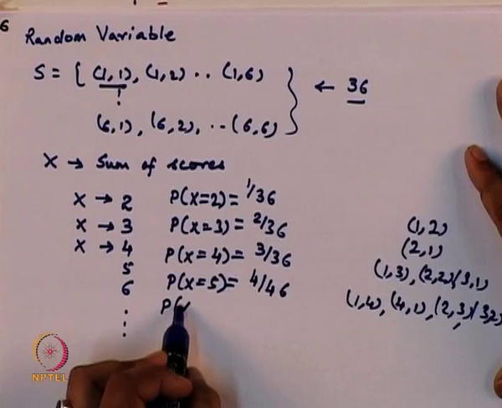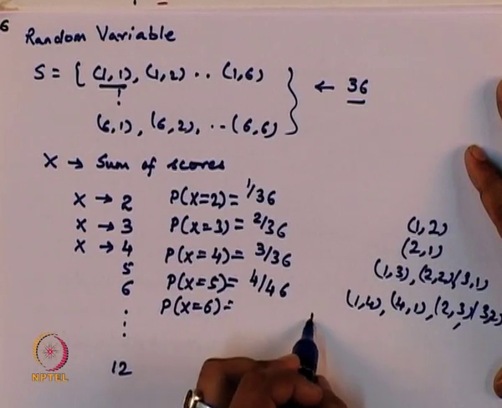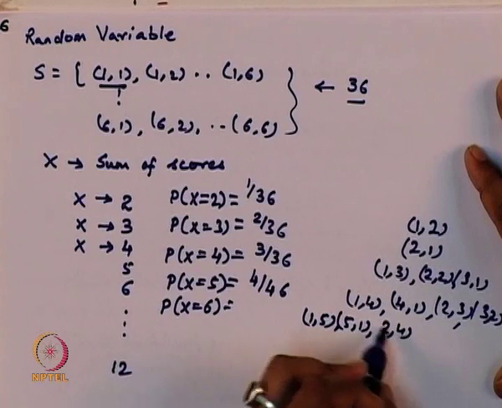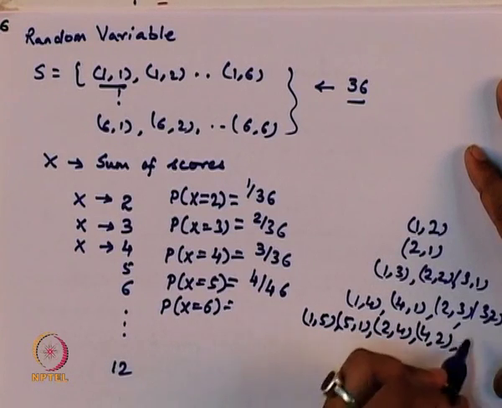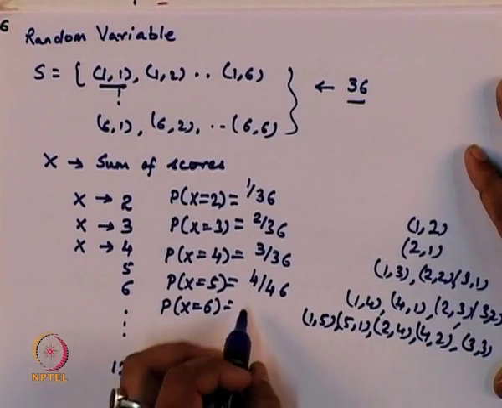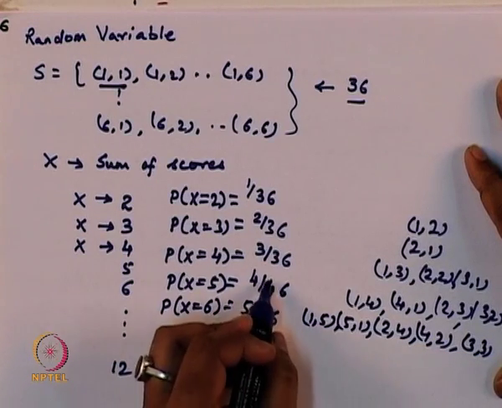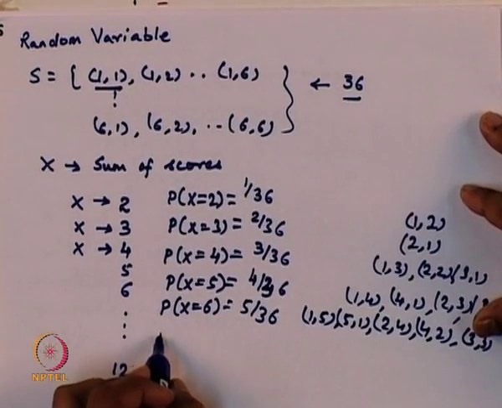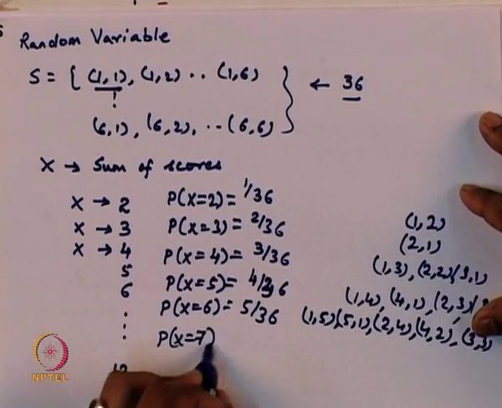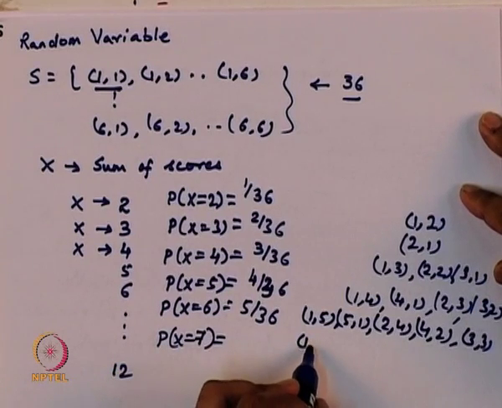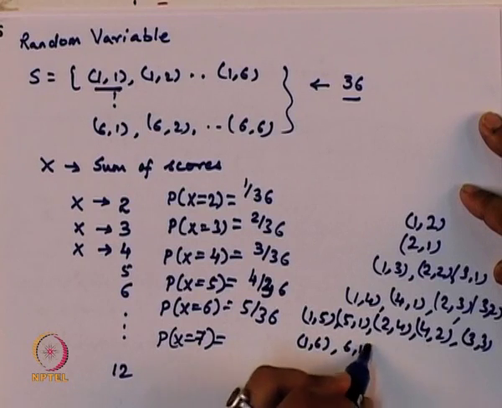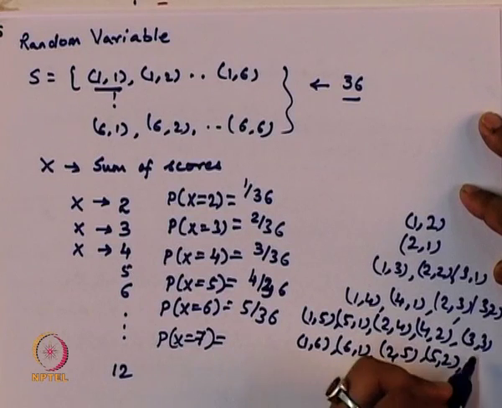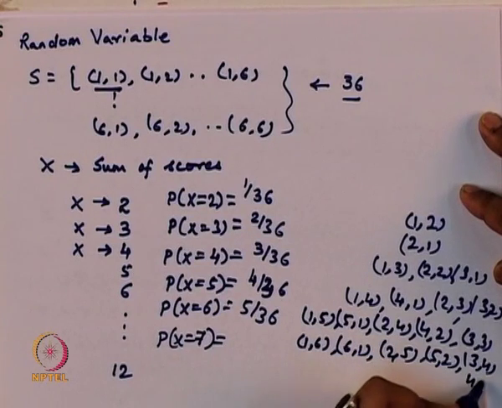Probability of x equal to 6 is 5 by 36. Probability of x equal to 7: I have 1 6, 6 1, 2 5, 5 2, 3 4, 4 3.